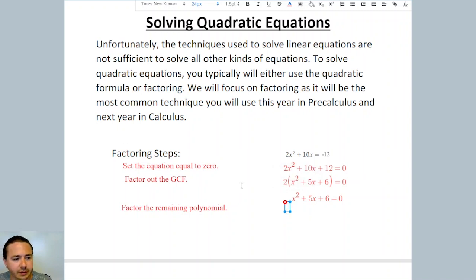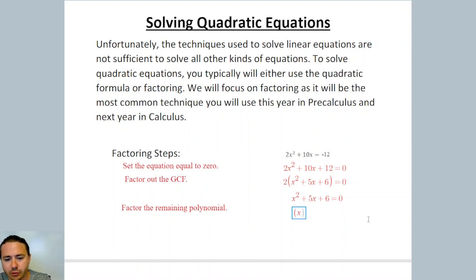So we know it's going to be x, and it's going to be plus something, and then x plus something. Now what you're looking for is, these first two terms, the x and the x, they have to multiply to give you whatever this first term is.